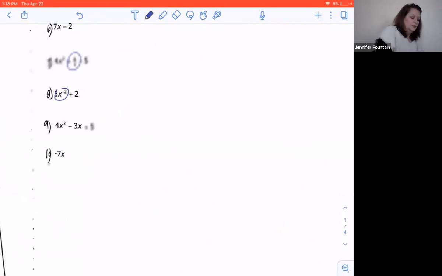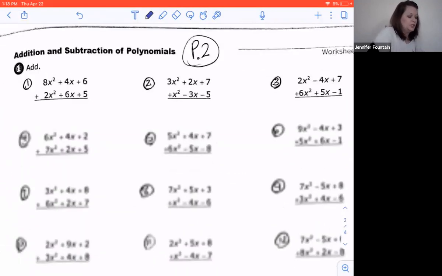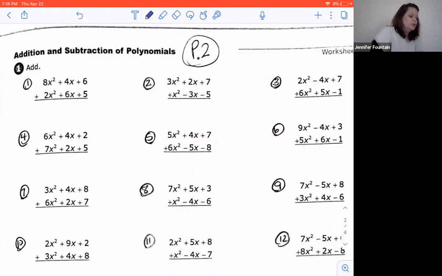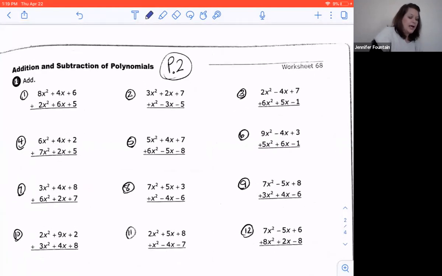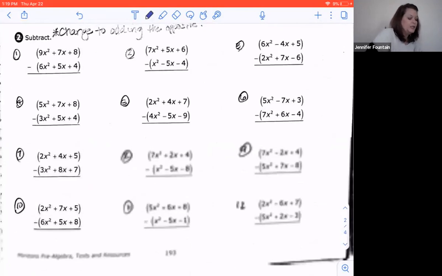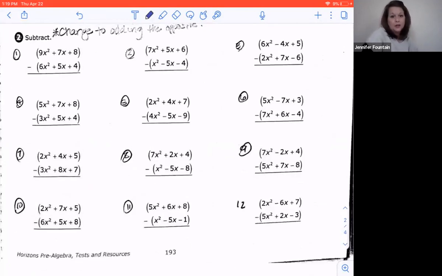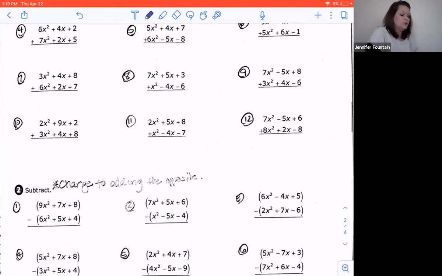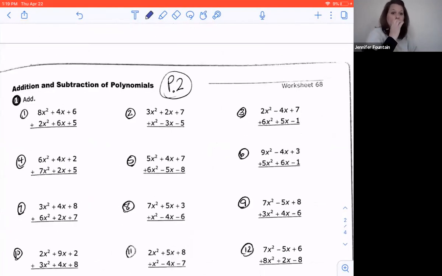Good job. All right, let's go ahead and turn to page 2. You can see at the top, page 2 is adding polynomials in section 1, and section 2 of the page is subtraction. Okay, so I want to do just a few of these as practice.